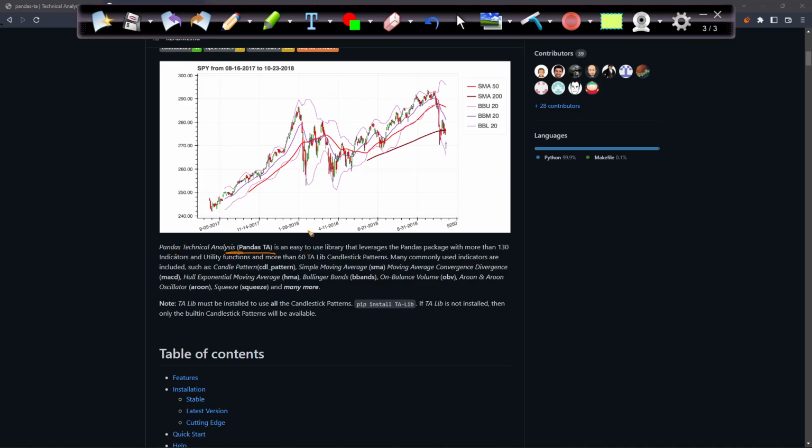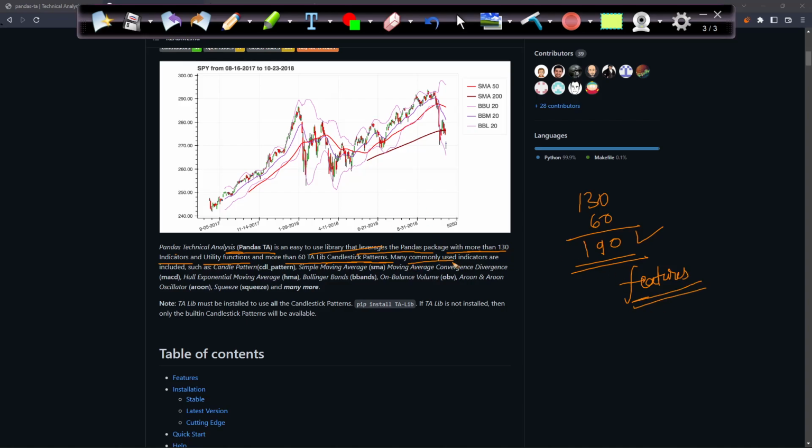Pandas TA is an easy to use library that leverages the pandas package with more than 130 indicators and utility functions and more than 60 TA-Lib candlestick patterns. So right off the bat we have like 130 plus 60, right? We have 190 features right off the bat.